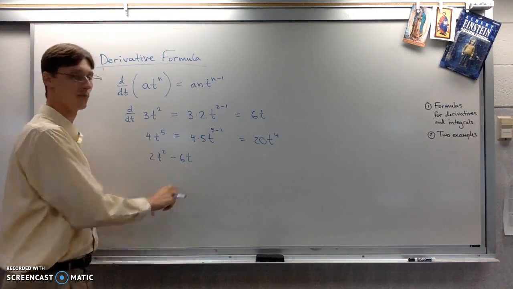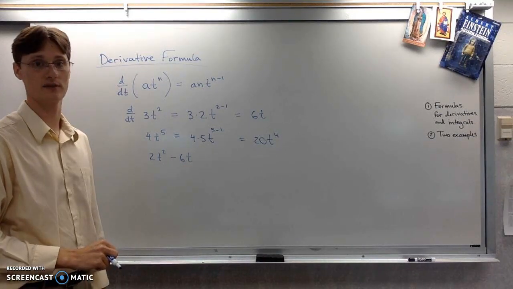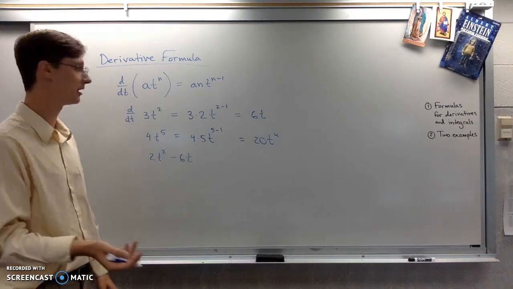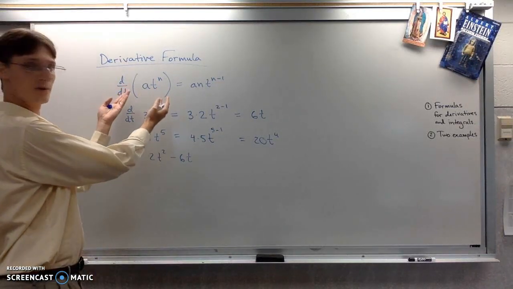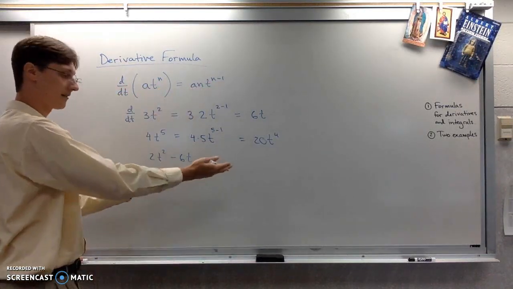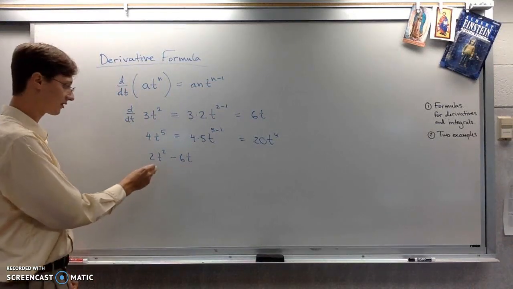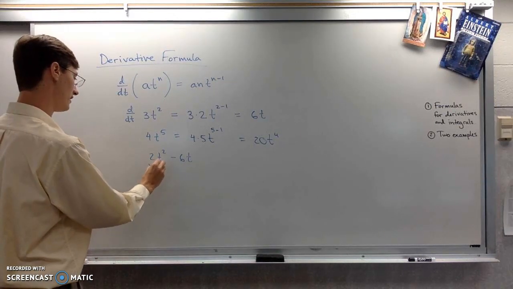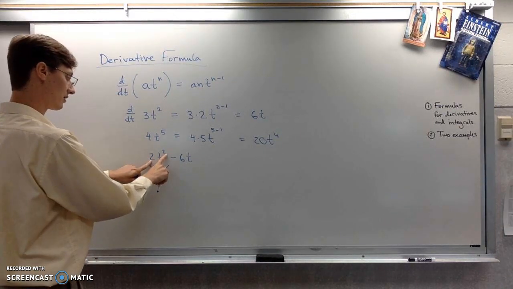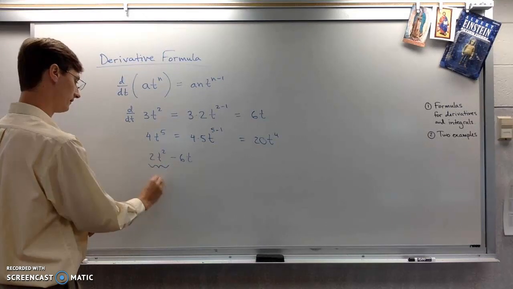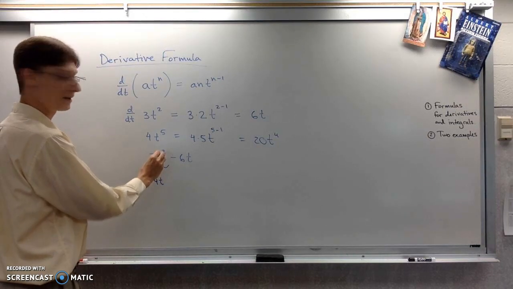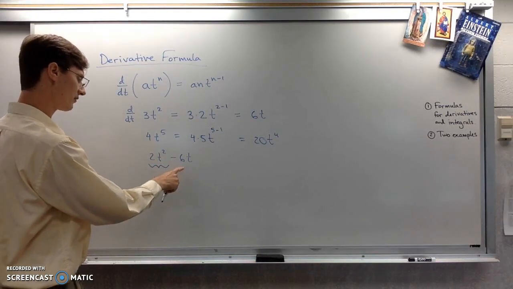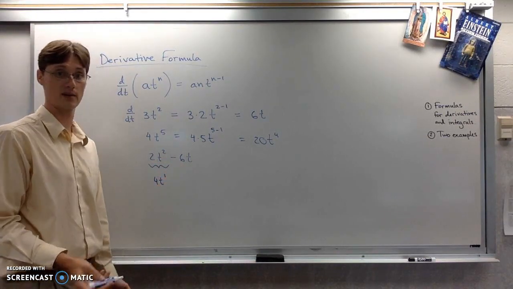If you have something with multiple terms in it and you want to take the derivative, you just simply take the derivative of each individual term, and as long as they all follow this format, then they all come out the same kind of way. So if I took the derivative of 2t squared minus 6t, the derivative of this term would be 2 times 2 is 4, and the new exponent is 2 minus 1 is 1. And then for this one, this one might sometimes perhaps give you pause.